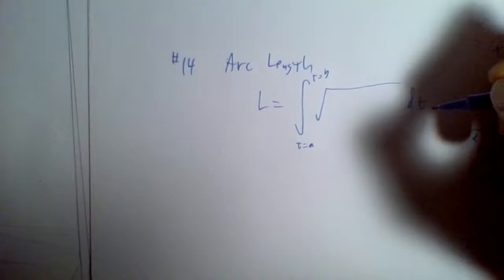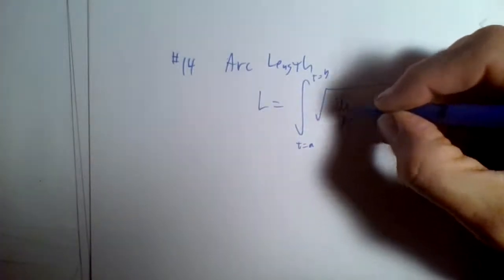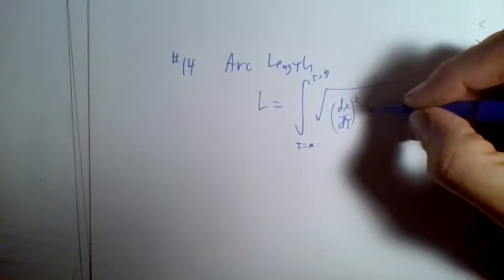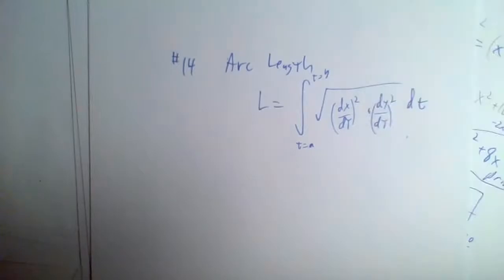The formula comes from those little right triangles: the hypotenuse is dx/dt squared plus dy/dt squared inside a big square root. Arc length integrals always start off as the integral of a big square root of something. Most of them don't come out nice, but there are some selected problems in here that do come out to an integral you can work out.